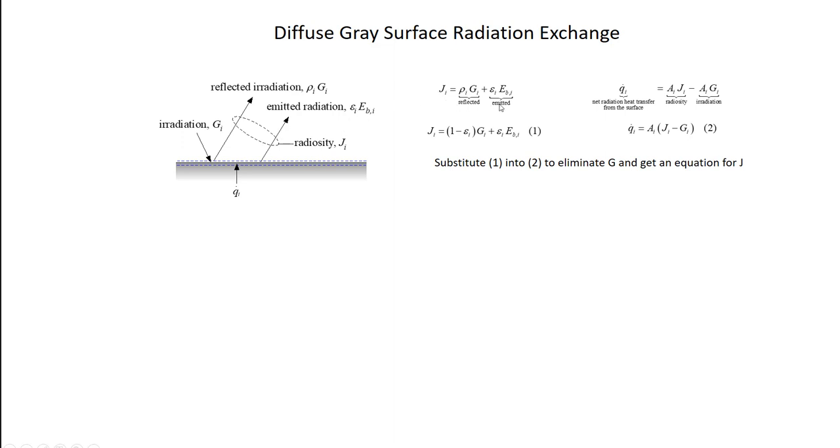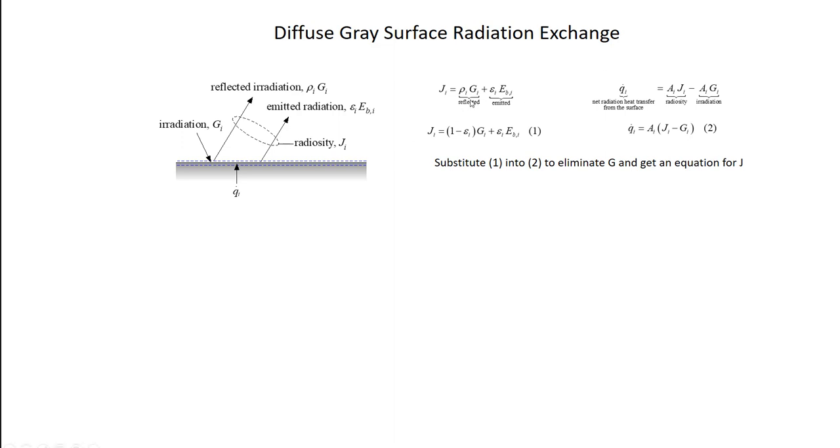The sum of those two things is the radiosity, and the reason the radiosity is important is because the radiosity is what goes off and becomes irradiation for all of the other surfaces, right? So the radiosity is going to interact with all the other surfaces in the vicinity in order to become irradiation, and that interaction happens through these surface-to-surface resistances that we talked about last time, right?